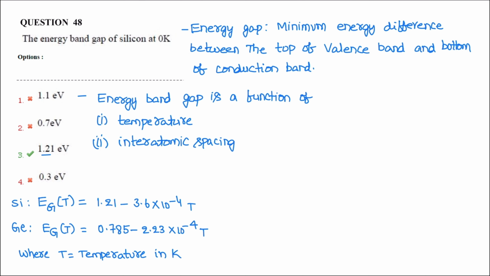So we know that energy band gap is the minimum energy difference between the top of the valence band and the bottom of the conduction band. This energy band gap is a function of temperature and interatomic spacing. If temperature increases, energy band gap Eg decreases.